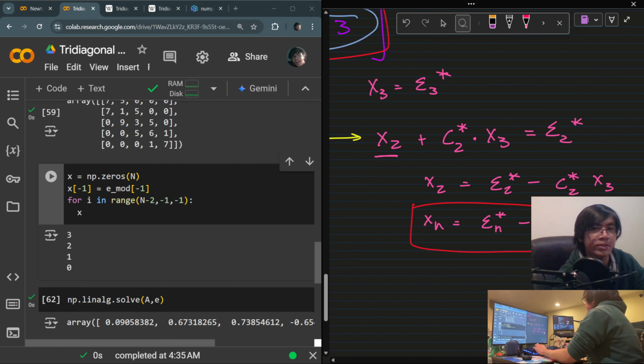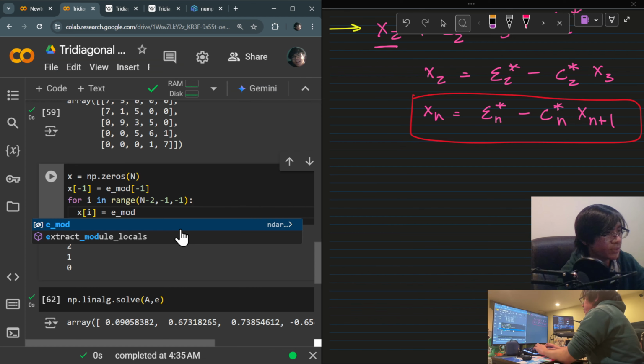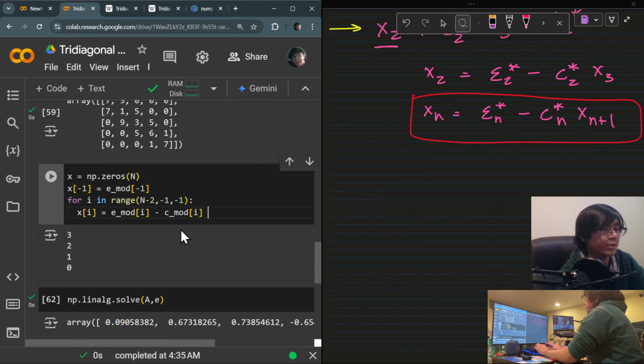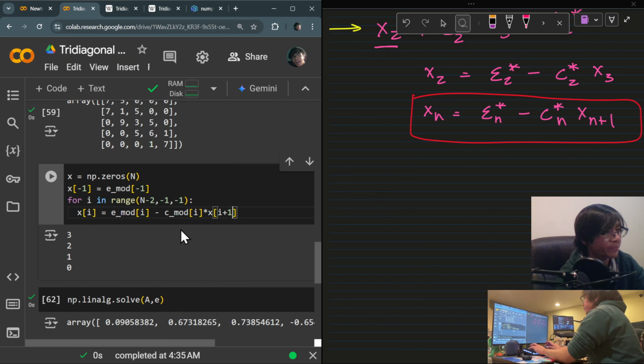Now you know why I did all that. So we have x at the current position equal to e mod at the same position, i, minus c star, so c mod at the current position, times x at i plus 1, so this is x at the, I guess technically previous, but future position in this case, so future i plus 1.